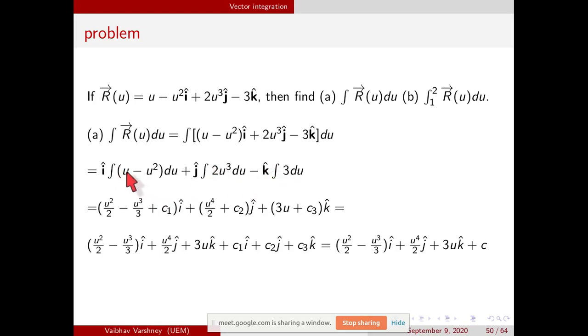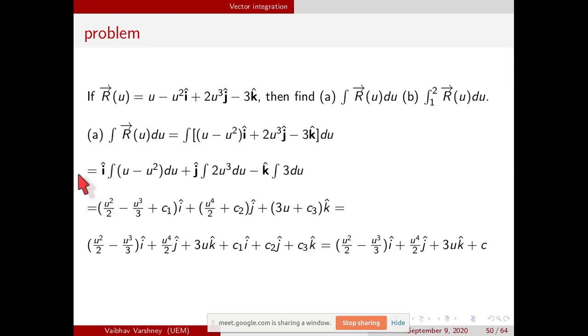The integration of u is u square by 2, integration of u square is u cube by 3 plus c1, this is a constant. The integration of u cube is u4 by 4, and if you cut 4 by 2, then you will get u4 by 2 plus c2, and there is no u, so this will be 3u k cap. This expression is clear or any doubt?